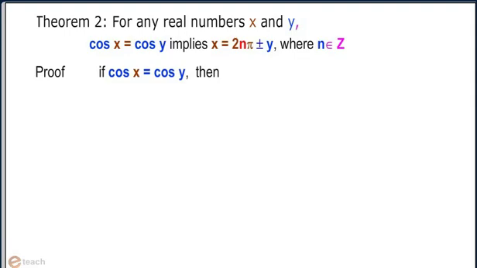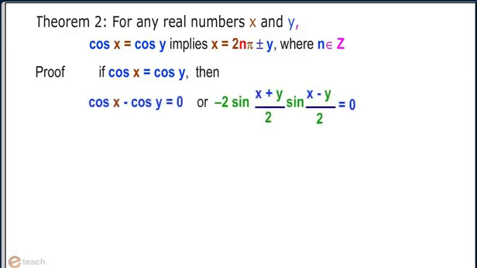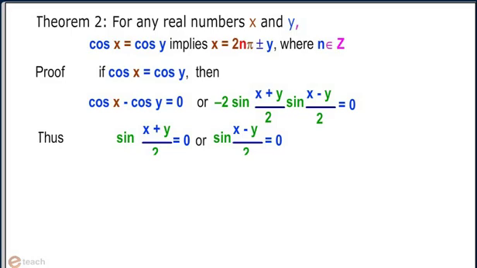If cos x equals cos y, then cos x minus cos y equals 0, or minus 2 sin (x plus y) by 2 sin (x minus y) by 2 equals 0. Thus, sin (x plus y) by 2 equals 0, or sin (x minus y) by 2 equals 0.